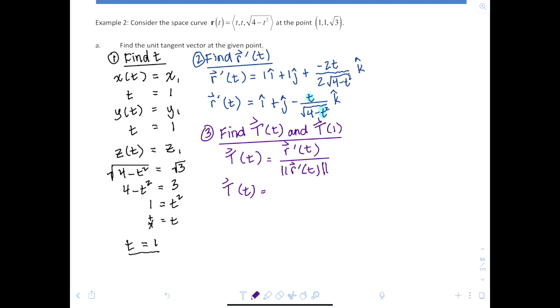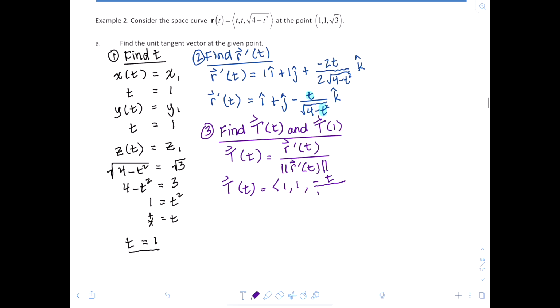So we would have 1, negative t over the square root of 4 minus t squared, and then that's going to be over the magnitude of that, right?